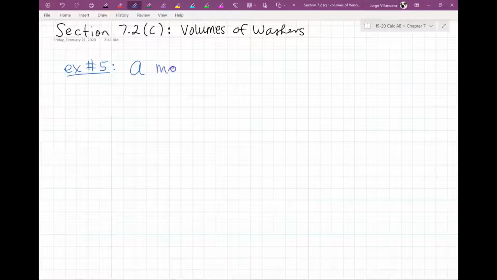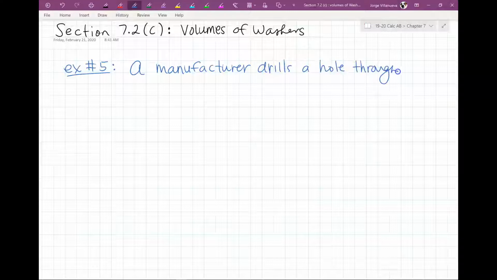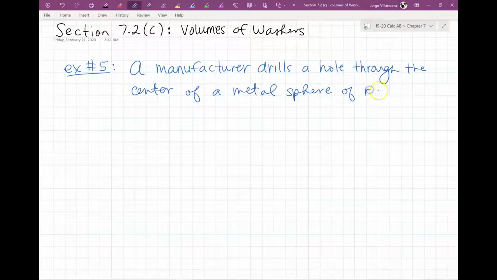It says a manufacturer drills a hole through the center of a metal sphere of radius 5 inches.